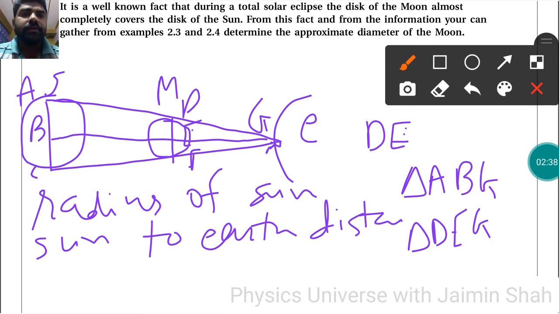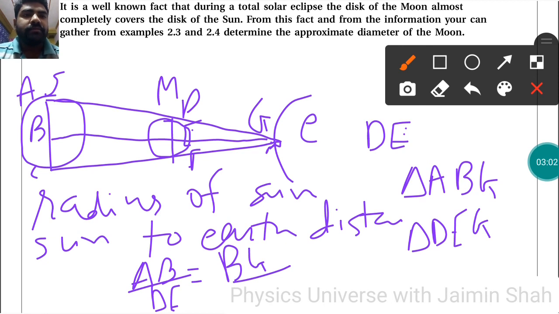So here I can write that AB upon DE is equal to, now their distances. AB is the bigger one, DE is the smaller one. So BG upon EG, right?